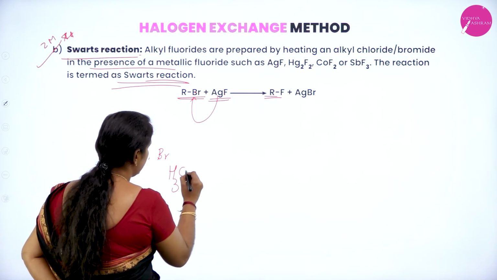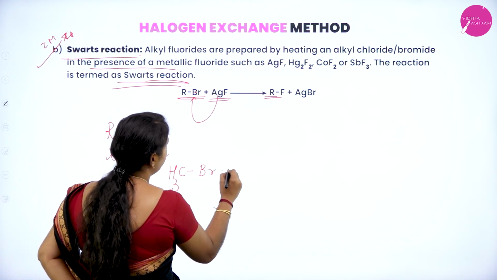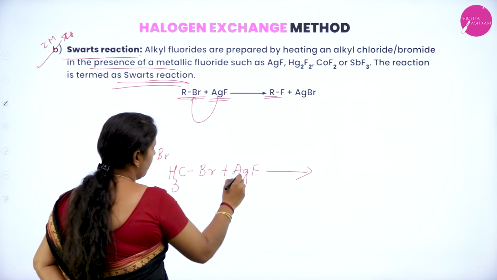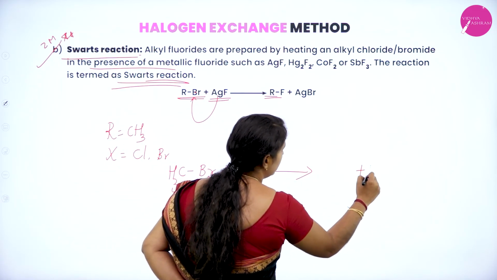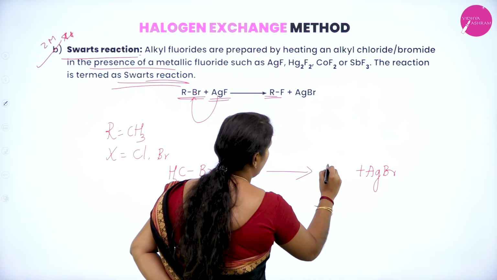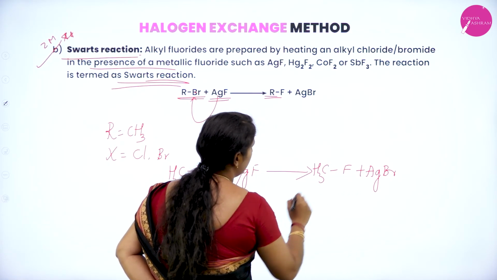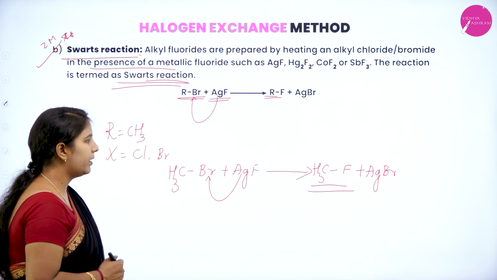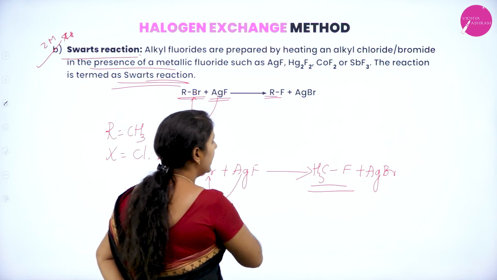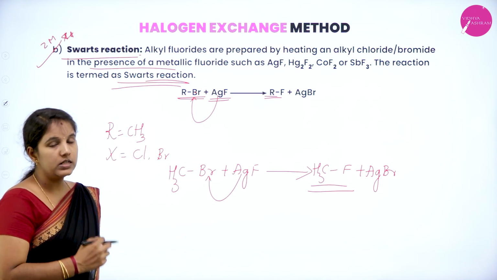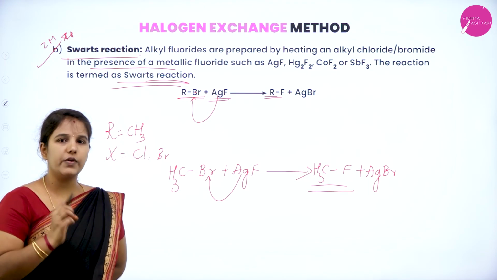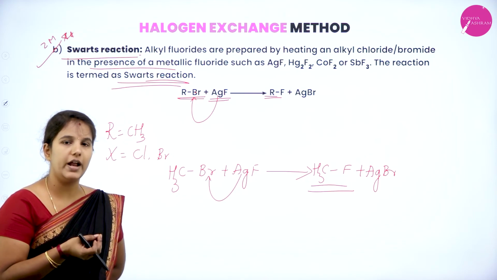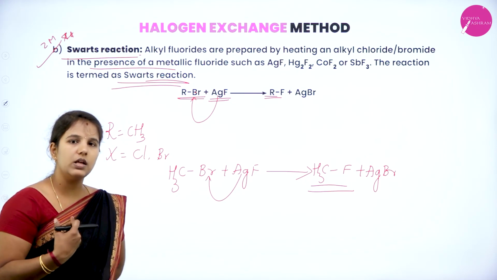So CH3Br with AgF forms silver bromide and CH3F. This is an alkyl fluoride. So this is an example of alkyl fluoride preparation by taking silver fluoride. Remember, the Swarts reaction as well as the Finkelstein reaction involve the preparation of alkyl iodide and alkyl fluoride, which cannot be prepared by using alcohols.